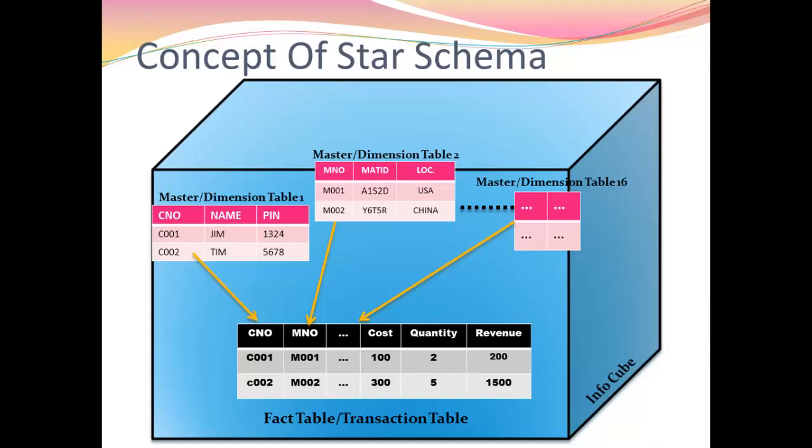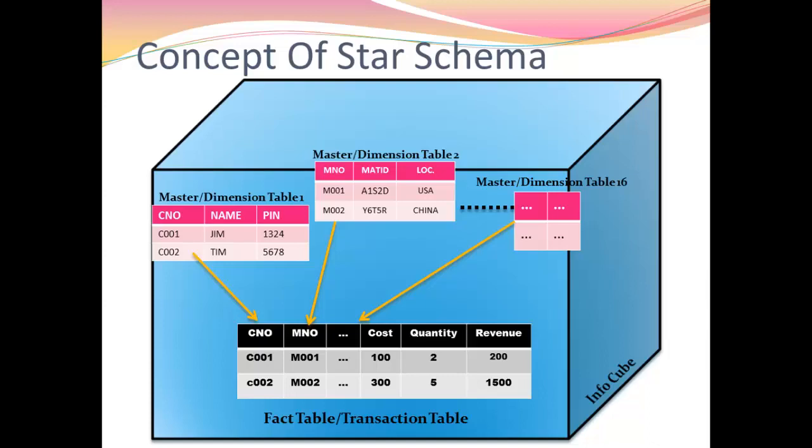Next one, over here we can see it is using alphanumeric numbers. There is customer number and material number, and alphanumeric numbers are slow in processing in comparison with numeric. So this is the next disadvantage. Apart from that, a fact table can hold a maximum of 16 dimension tables, and we know our SAP BW is an OLAP system which is used for analysis, and so analyzing only 16 dimensions is not our aim.